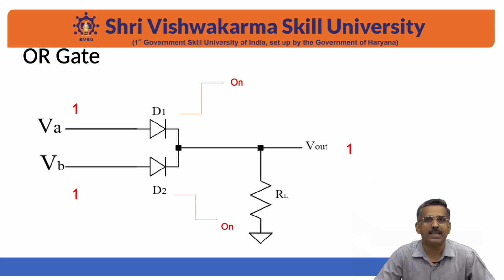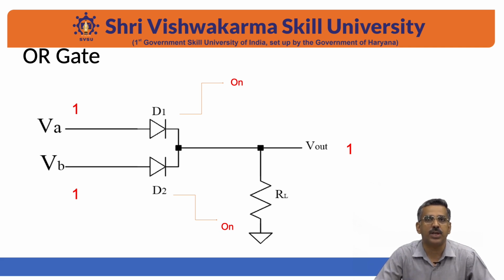Now let us see the fourth condition under this circuitry, shown here in the diagram. Now we are applying the higher voltage to both the diodes, that is VA equal to 1 and VB equal to 1. Under this condition, both diodes will be active and will remain on.